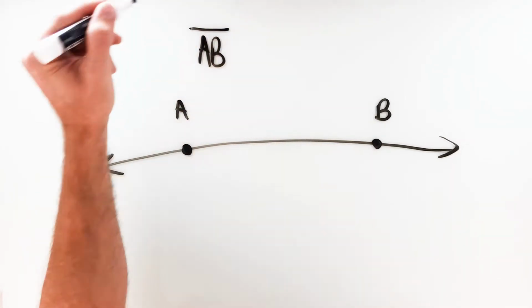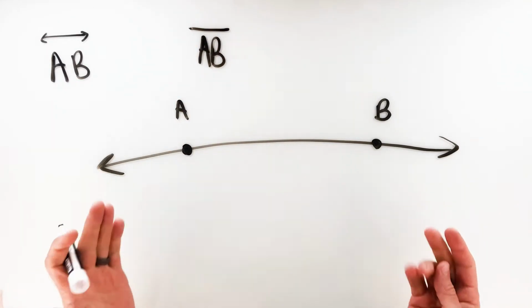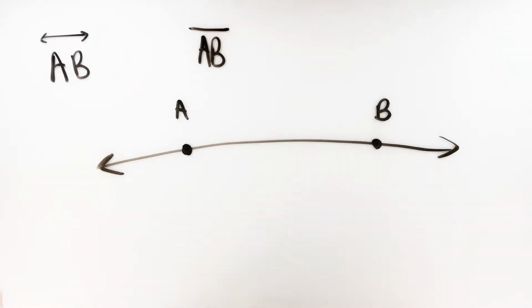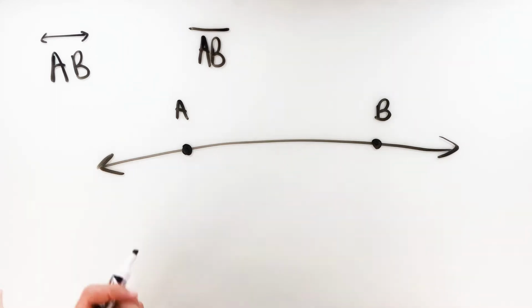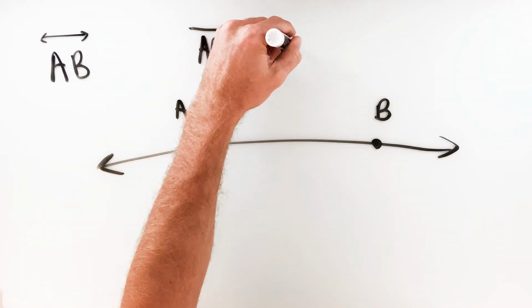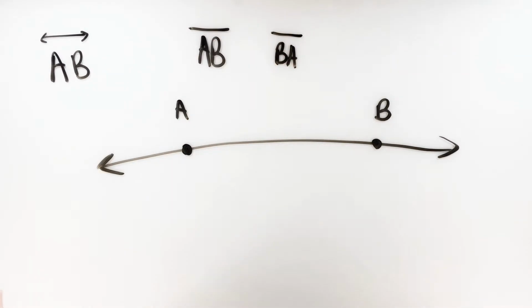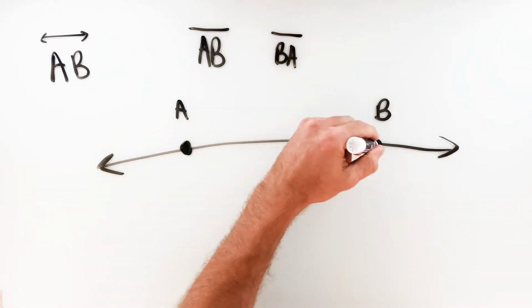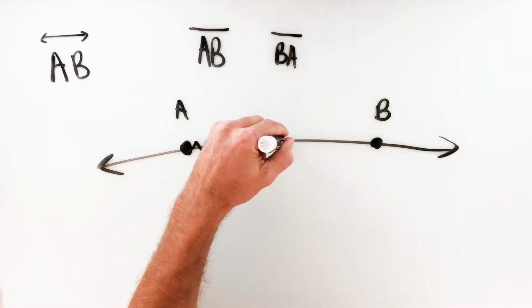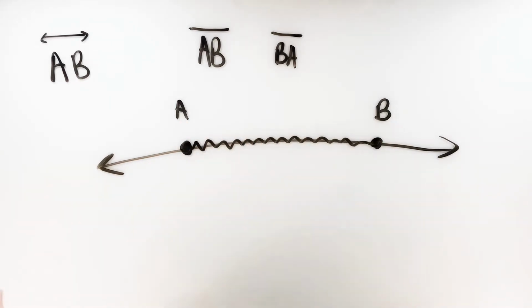And instead of putting a line with the arrows denoting that it goes on forever, we bound it by putting a line without the arrows. So this would be segment AB. We could also write this as segment BA. It doesn't really matter which way we write it. This just denotes that we're talking about this portion of the line from A to B, consisting of everything in between.